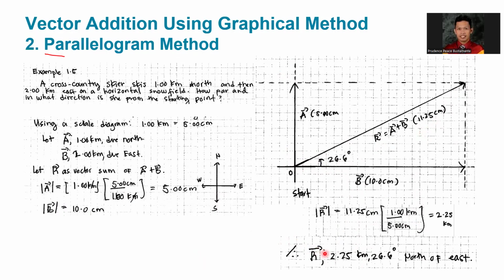So all in all, your vector R is 2.25 kilometers, 26.6 north of east. So that is the direction. How far and in what direction is she from the starting point? From the starting point, she is about 2.25 kilometers in the direction of 26.6 north of east.